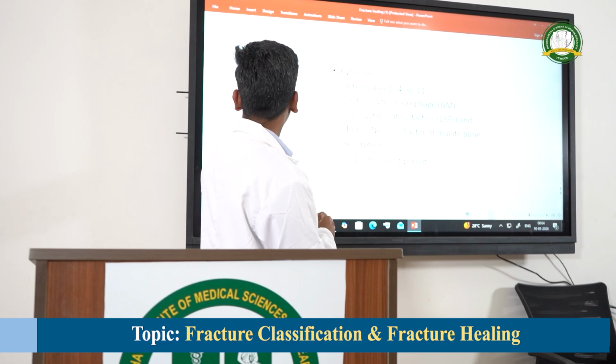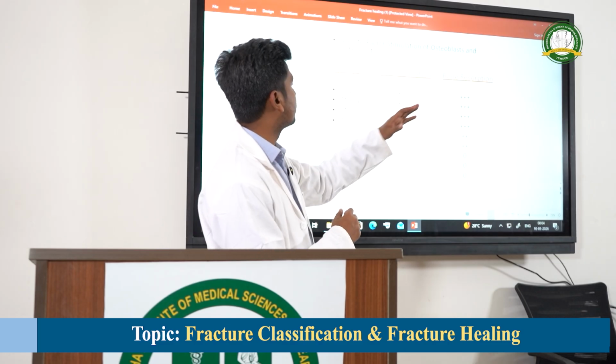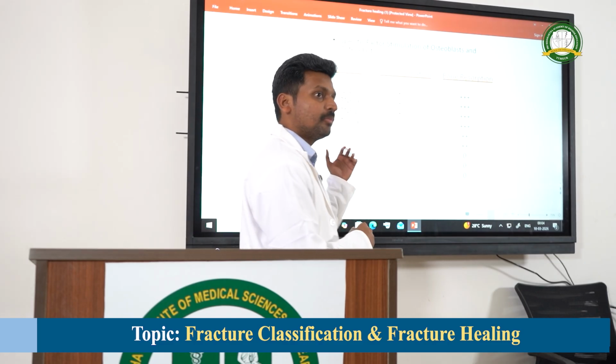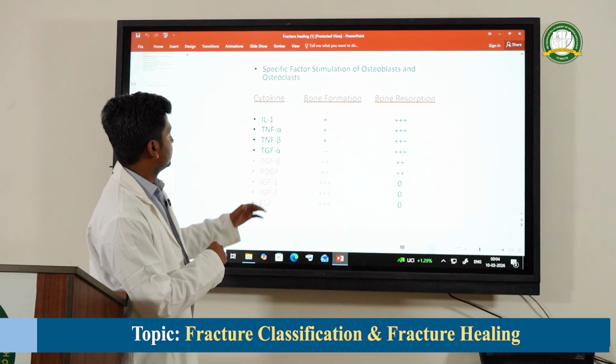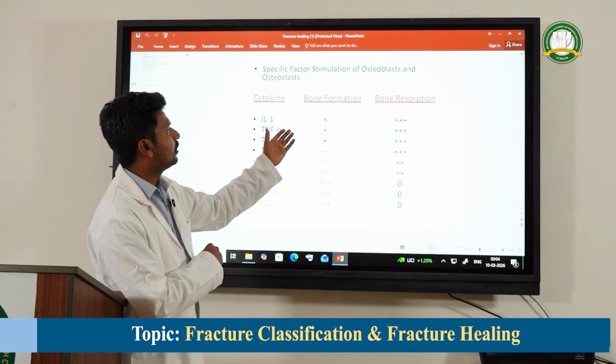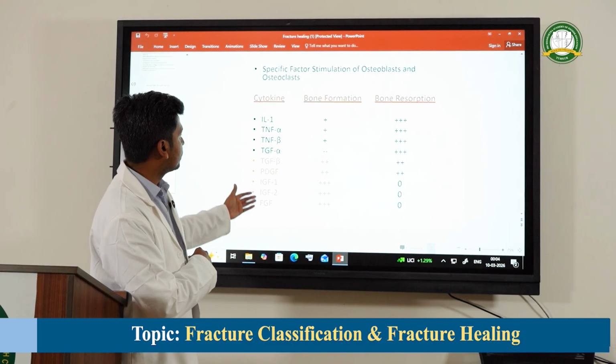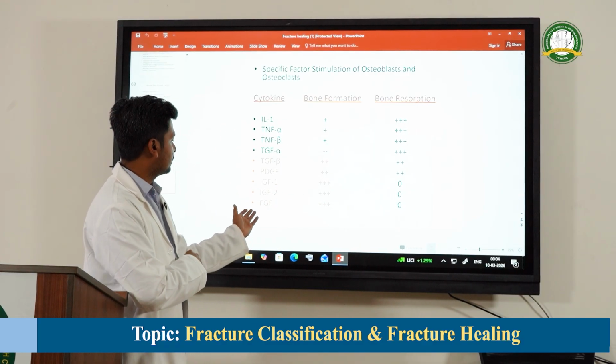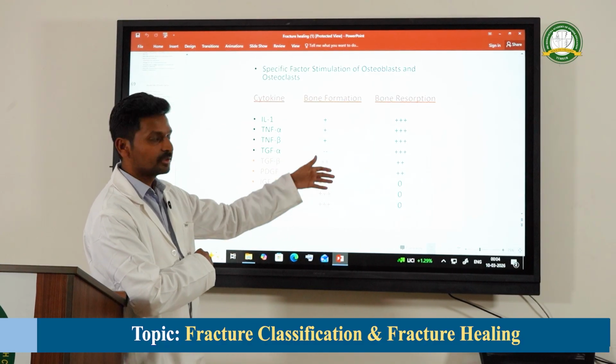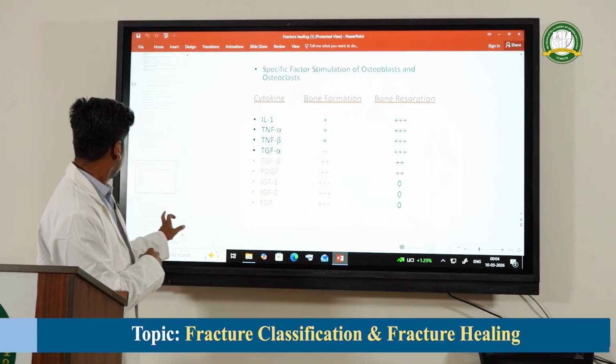So here's a brief summary of what the bone forming and bone resorbing factors are. Interleukin 1 is more bone resorbing, whereas bone formation is less. And as we go down, the bone formation capacity increases and bone resorption capacity decreases.